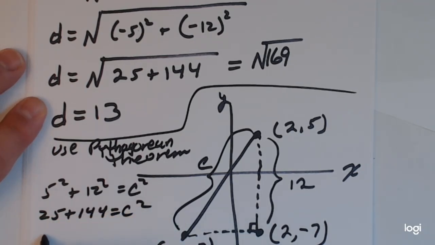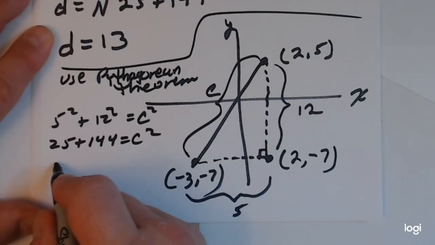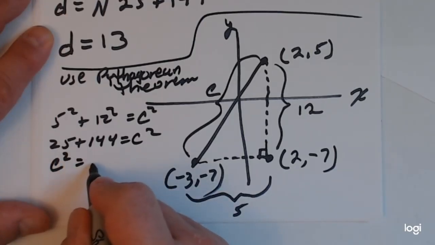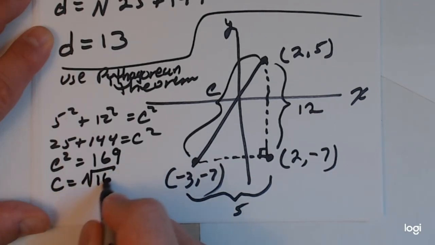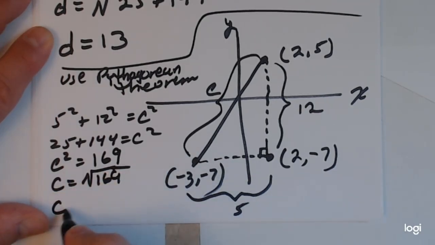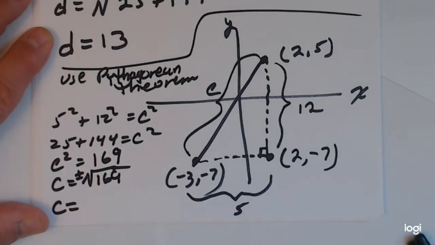See where this is going? C squared is equal to 169. C is equal to the square root of 169. So C, actually, technically it's plus or minus, but we're not going to use the minus because until we get the vectors, we're not going to have negative distance. So C is equal to 13.